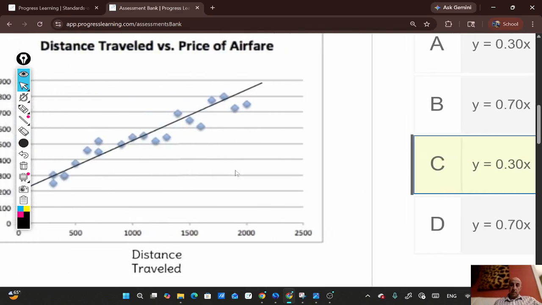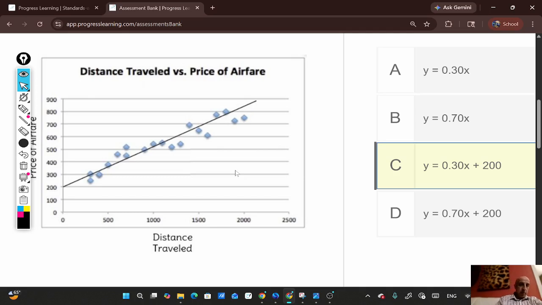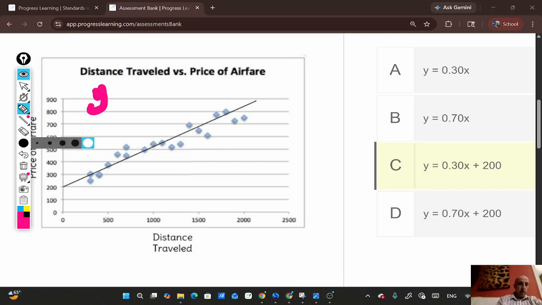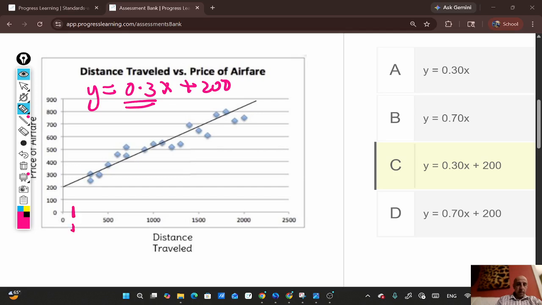Based on this equation, y is equal to 0.3x plus 200, so the 0.3 means that if we increase x by 1, I cannot represent this on the figure because 0.3 is very small, but this is the idea.